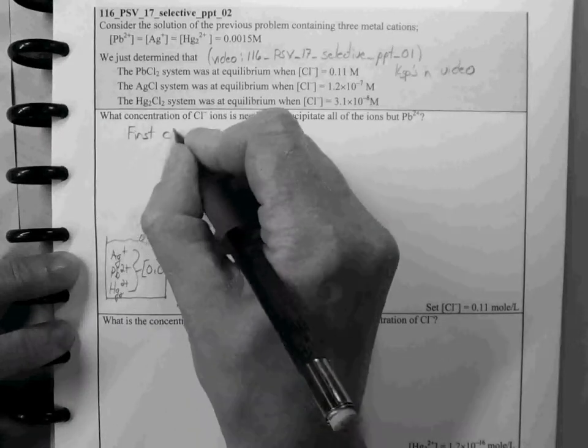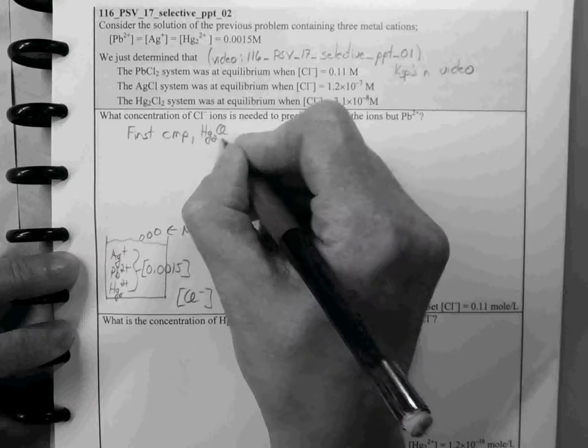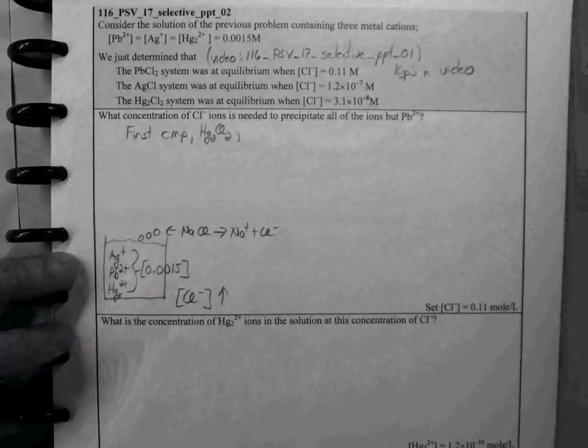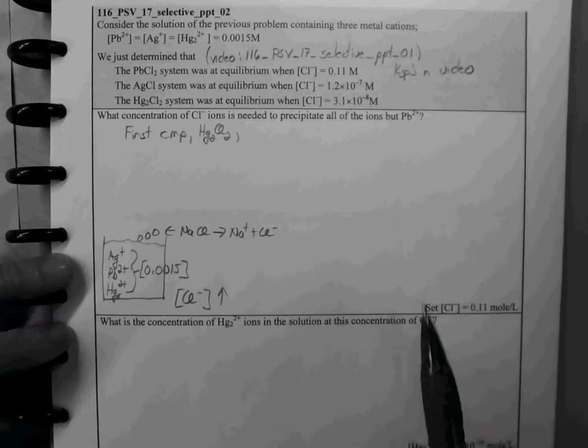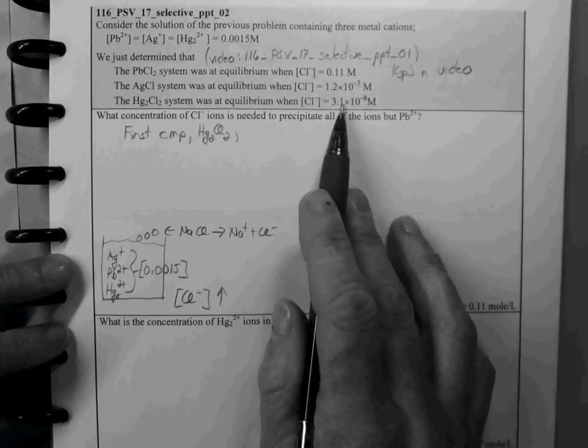The first compound to precipitate, Hg2Cl2, mercury 1 chloride, will begin to precipitate when the chloride ion concentration gets above this value.